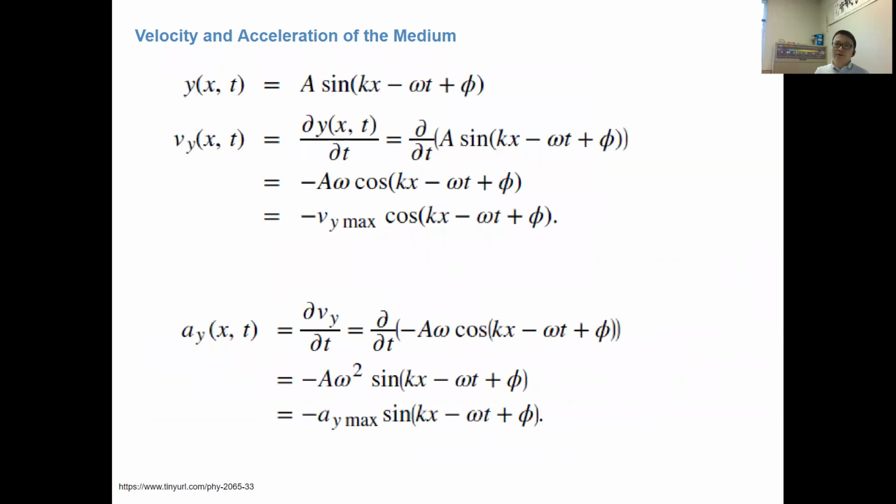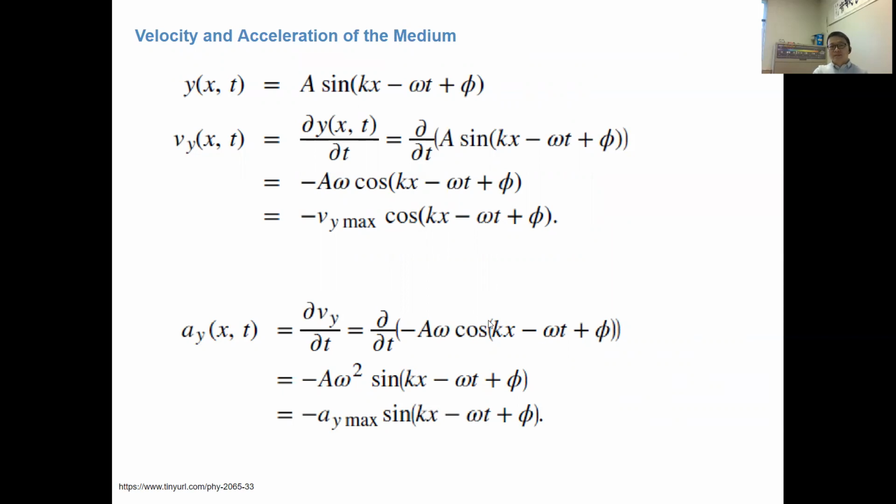If you have the wave function as a function of x and t, then you can calculate the speed of the medium vibrating by taking the partial derivative of y with respect to t. So dy/dt gives you the velocity. Do the derivative one more time, and that gives you the acceleration of the medium vibrating.